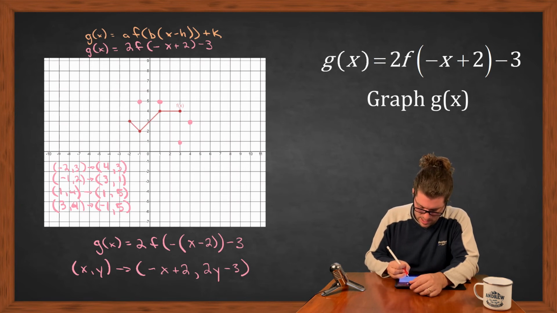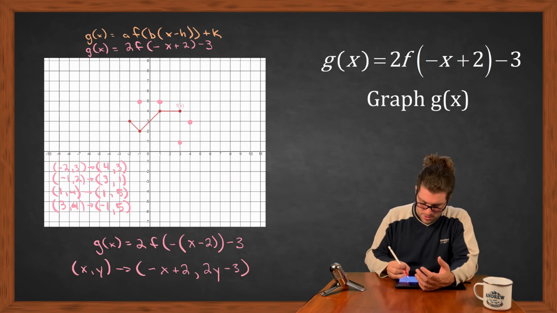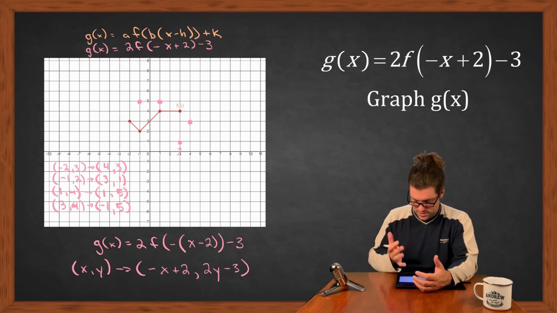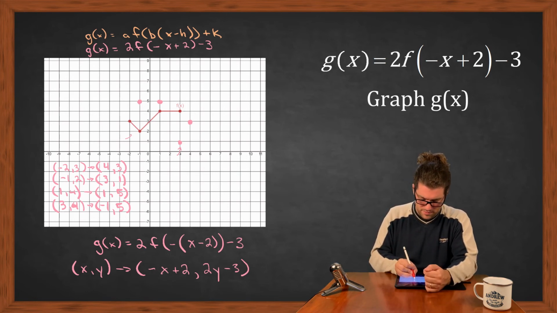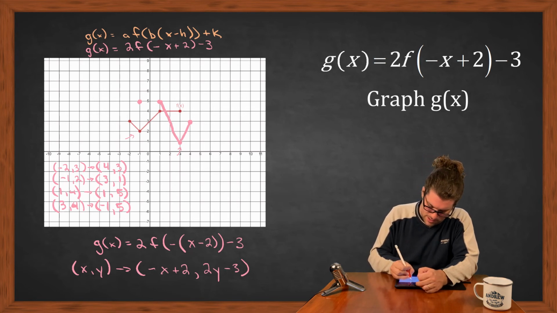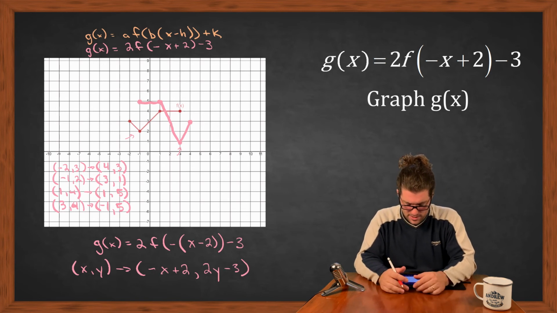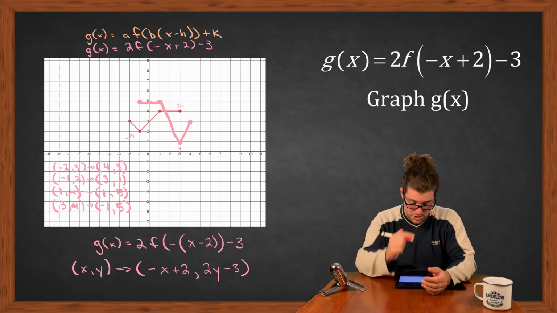So I'm going to play connect the dots, but I'm going to do it following the same sort of picture. So it looks like this point down here, because of the reflection that's gone on horizontally, is going to be the equivalent of this point here. So it's going to go down to this, come back up to here, and then come across horizontally. So play connect the dots, got the new picture.